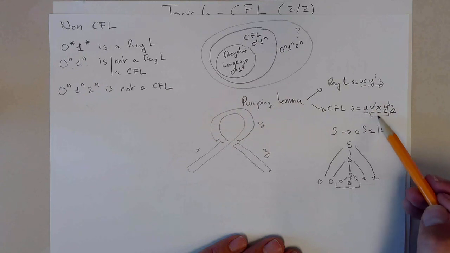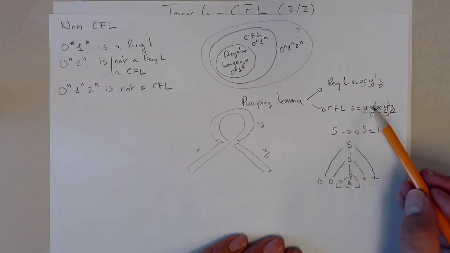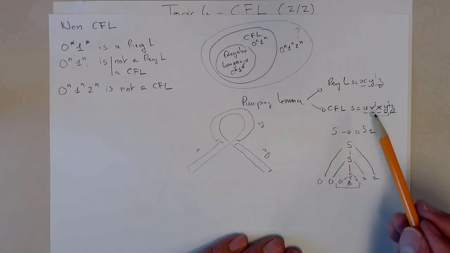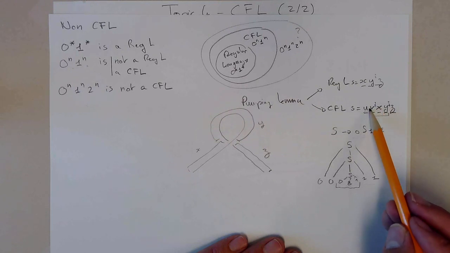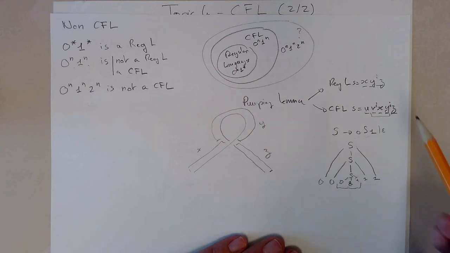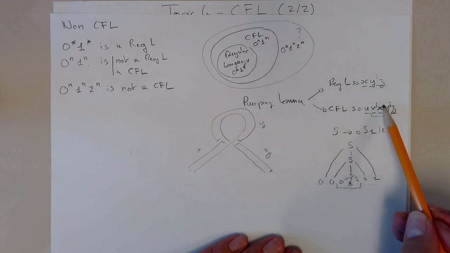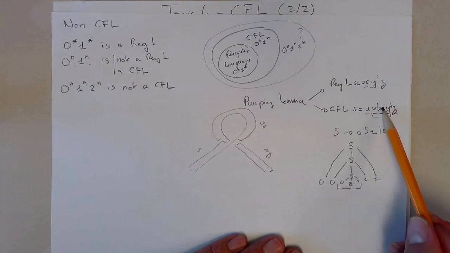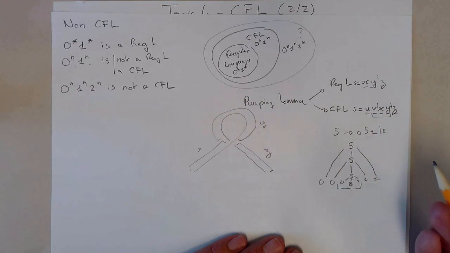But here the loop is of this form, because through multiple recursive substitution, you can multiply the v and multiply the y. And in the middle, you have something that doesn't move, because at the end you stop. You can stop with an epsilon, but you can stop with multiple terminals. The stop is the x in the middle. That's the gist of it.